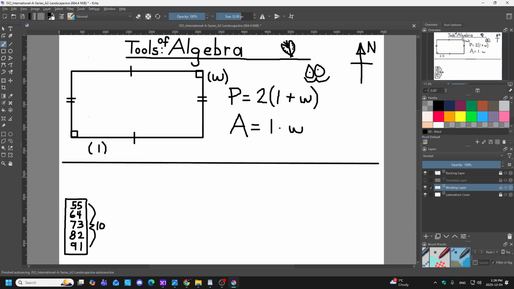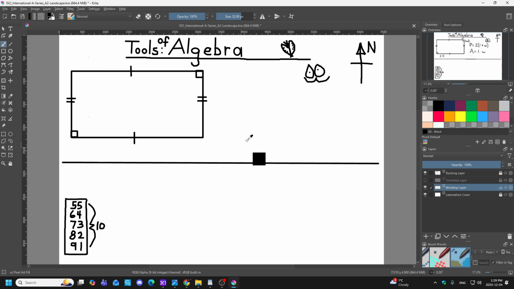What do we have? A rectangle with a width. Unfortunately I didn't leave myself a lot of room there. I should have given myself more room. Here we go. Apologize, please bear with me.